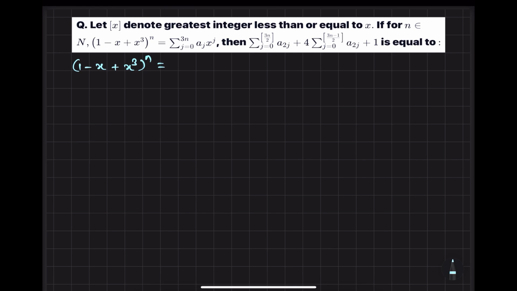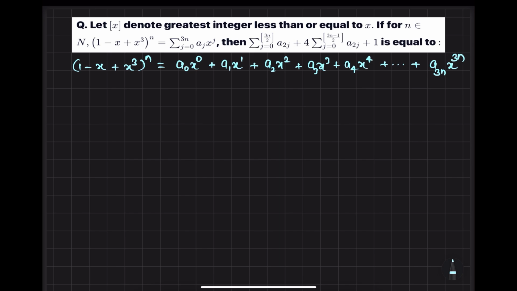Can I say that the first term will have a0 x^0, then we will have a1 x^1, a2 x^2, a3 x^3, a4 x^4, keep on going. So the last thing will have what? 3n, x to the power 3n. So a3n x^3n.